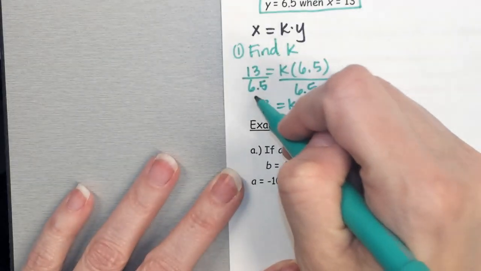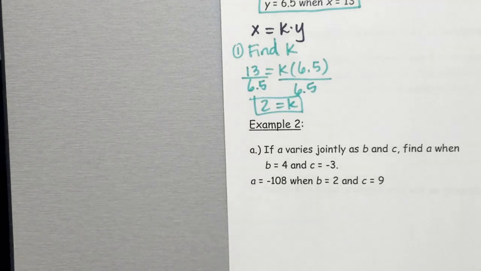2. Now one thing I want you to write for each problem is the variation equation. This is something that you are definitely going to do on your next assessment, and last year I recognized people weren't sure what the variation equation is, so I want to make sure we know what that is.